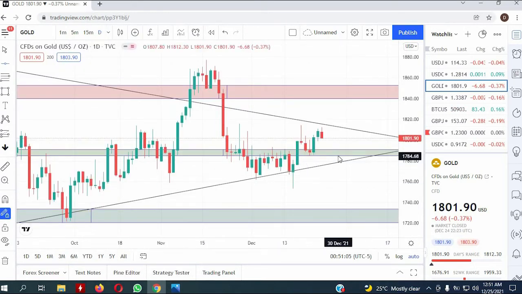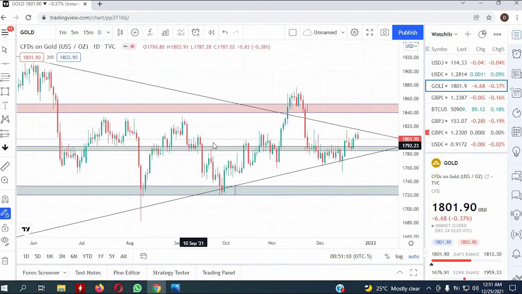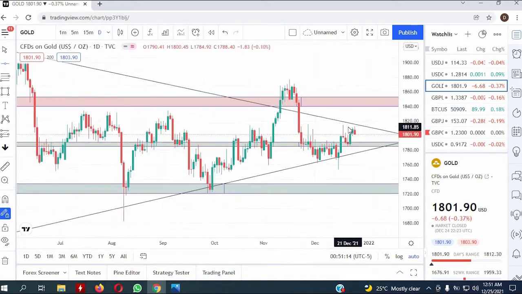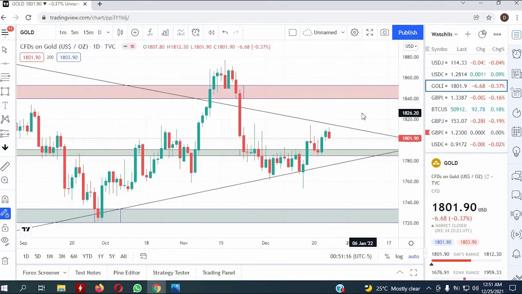On the daily time frame, the gold is trying to make an up move. The gold is expected to push further up into this area, 1839.67.